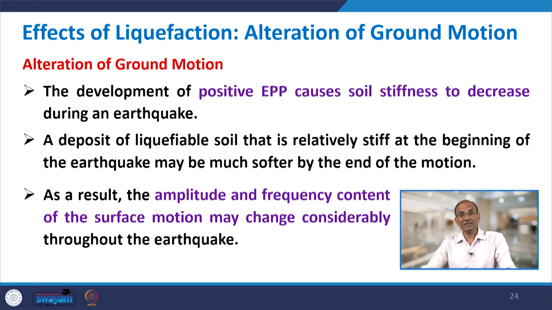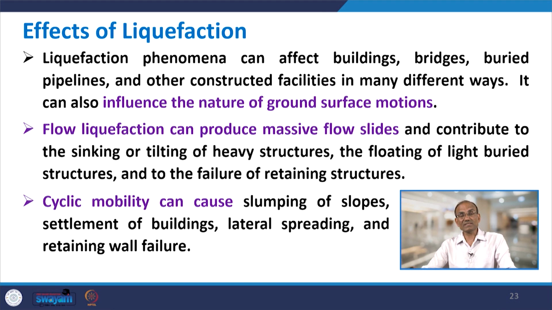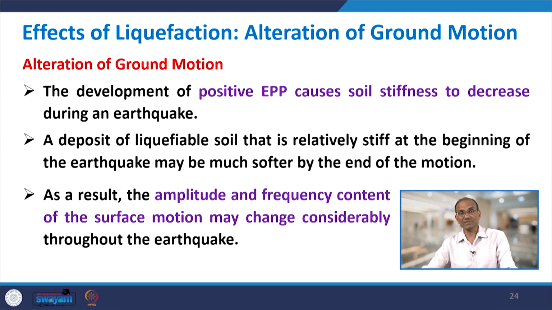One of the effects, as we discussed, is alteration of ground motion: liquefaction of soils will alter the ground motion. How does this happen? The development of massive excess pore pressure causes soil stiffness to decrease during an earthquake. When an earthquake comes, positive excess pore pressure develops, and effective stresses decrease.